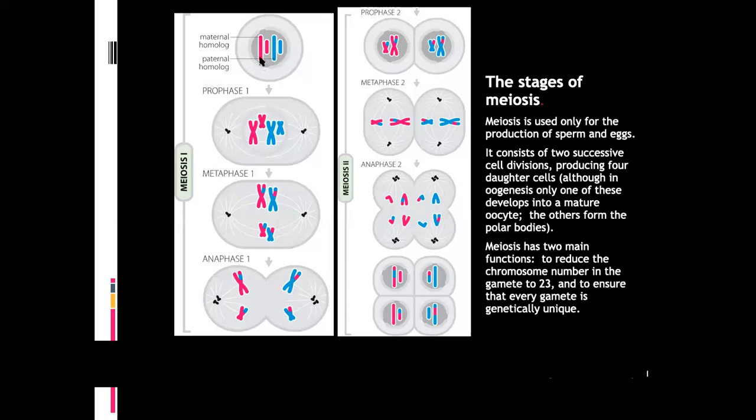You have 23 pairs of chromosomes in the maternal cell, but in each daughter cell you get only 23 chromosomes. So instead of 46 we get only 23 chromosomes in each daughter cell. This type of division is called reduction division.